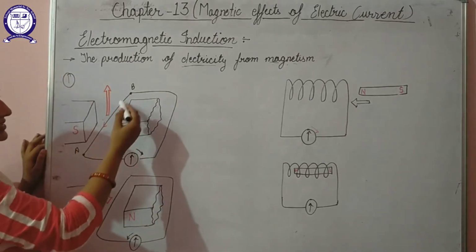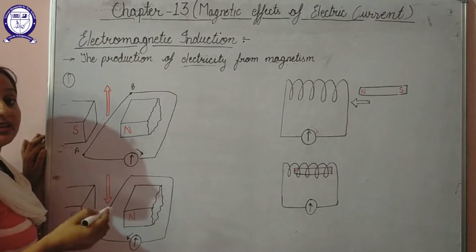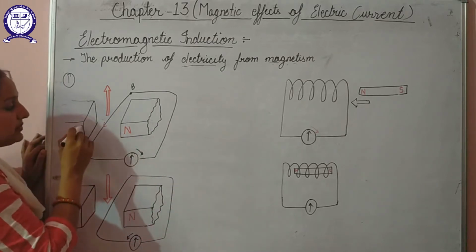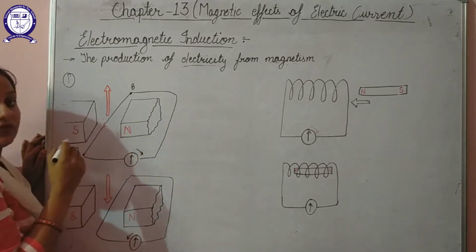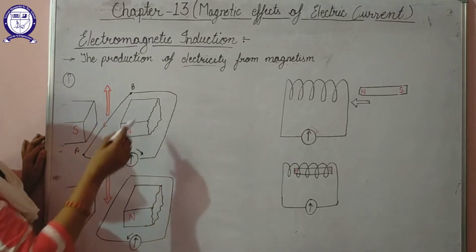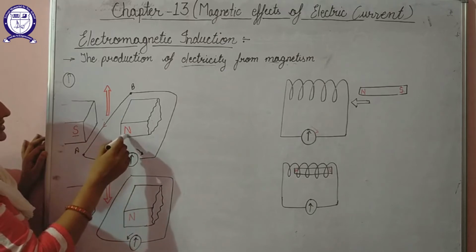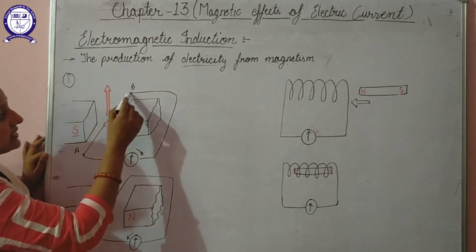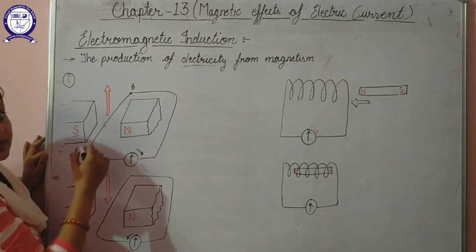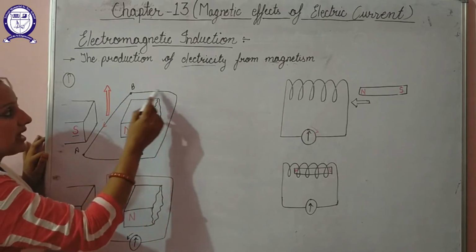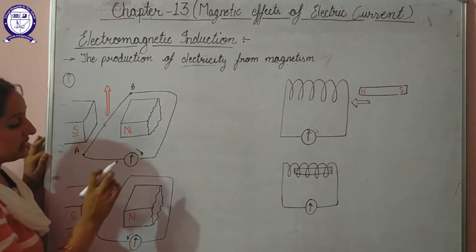Here I have taken a straight conductor, and I move this conductor in between the magnetic field which is produced by the two poles of a horseshoe magnet. Suppose this is the south pole, this is the north pole. I have taken a conductor AB. Here AB is our straight conductor, and I have connected it to a galvanometer.